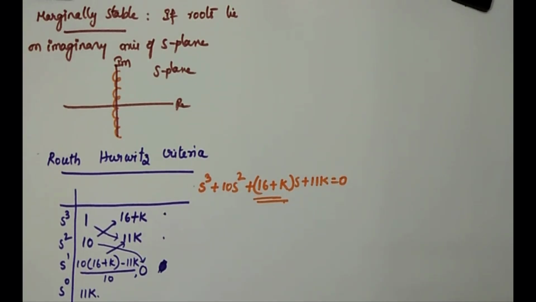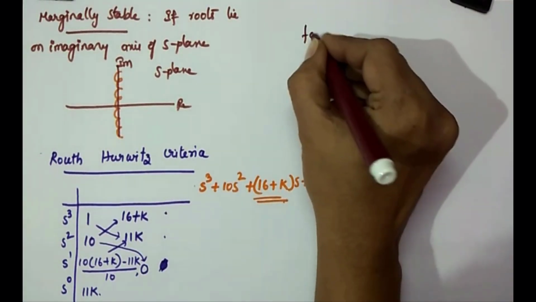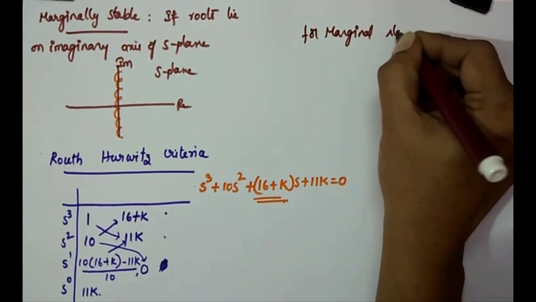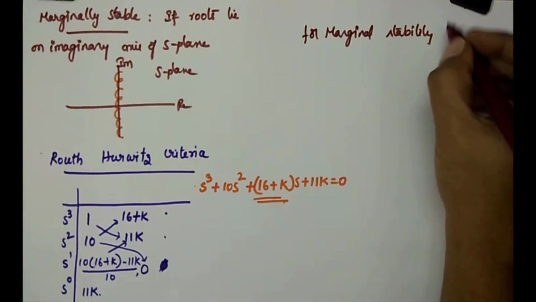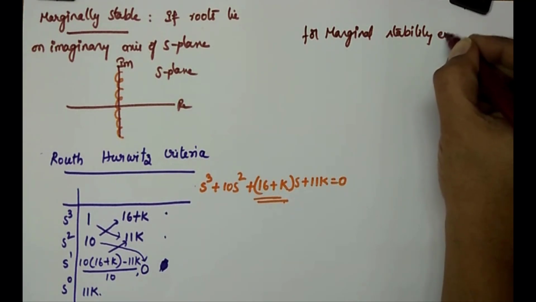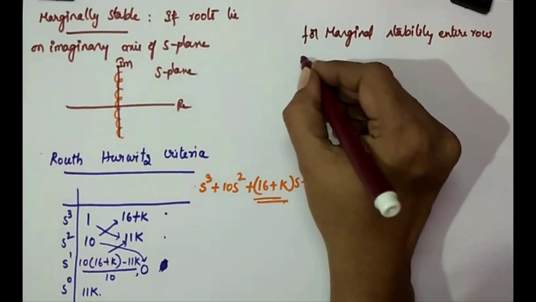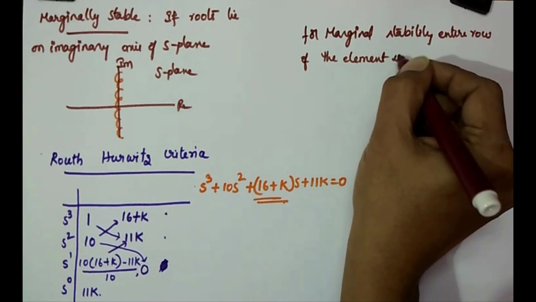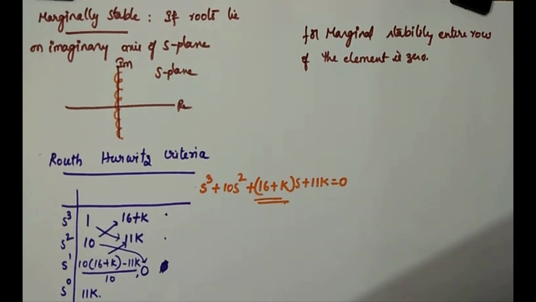For marginal stability, an entire row of elements must be 0.